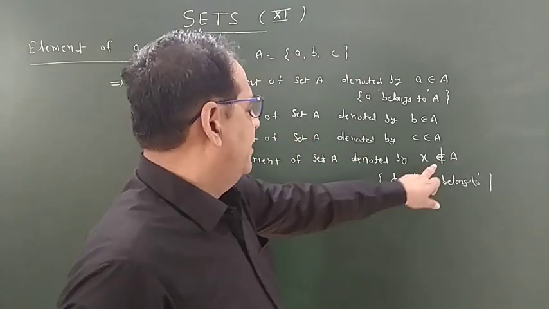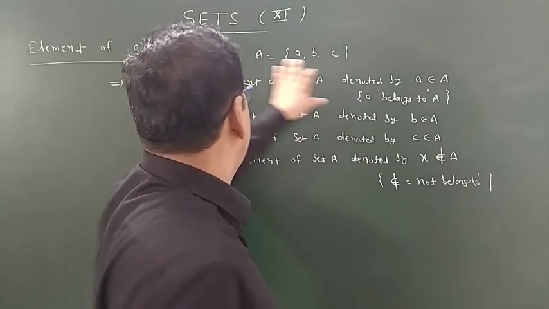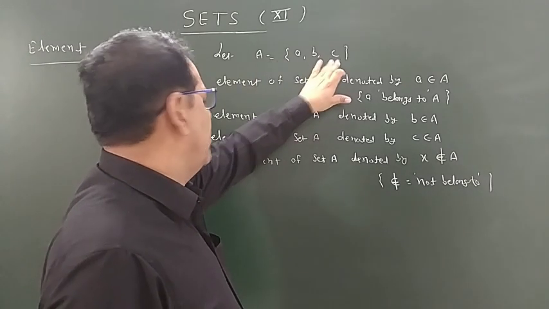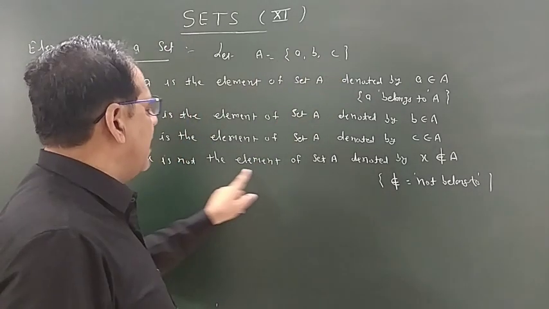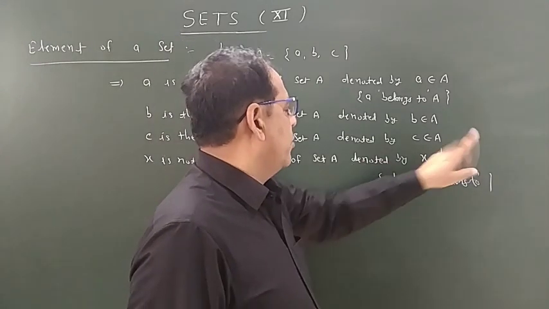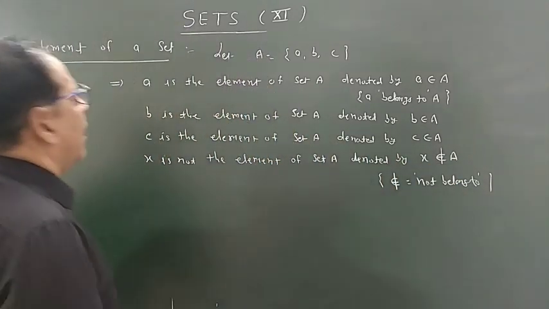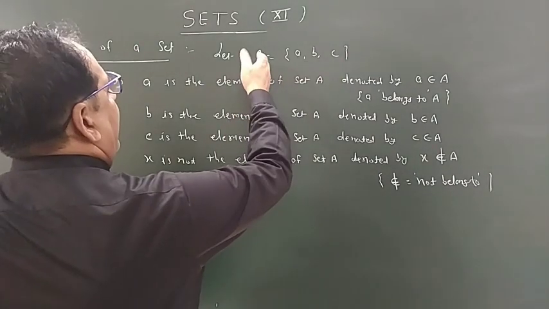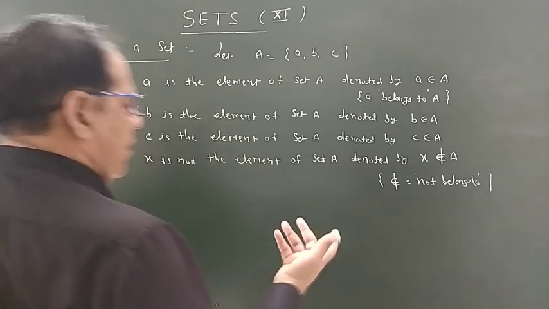This symbol is read as not belongs to, because in the set A only three elements are there: a, b, c. x is not there, so we can write x is not the element of set A, denoted by x not belongs to A. So this is the way we can represent whether any particular given element is a member of a given set or not.